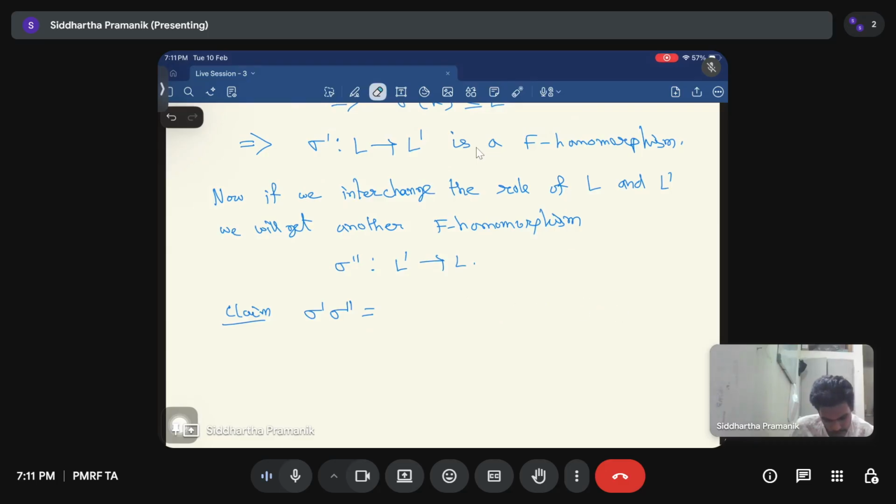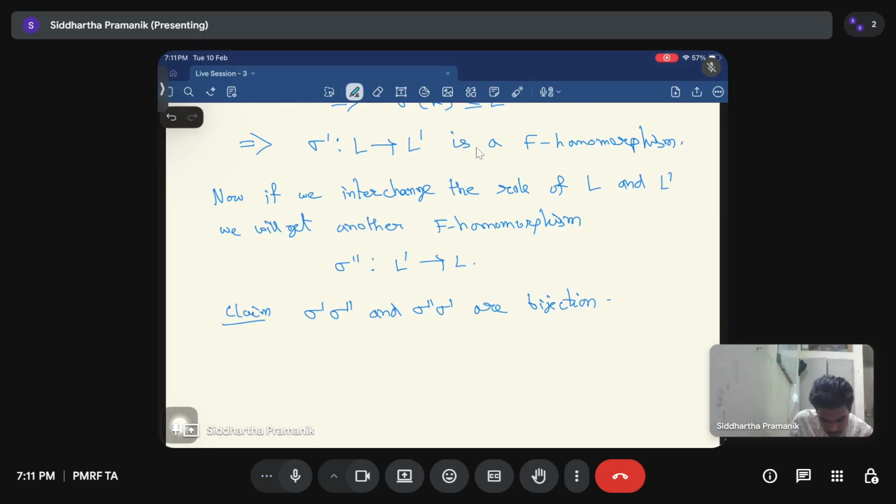Okay, so just bijections are enough. Sigma prime is a bijection. So how to do this?